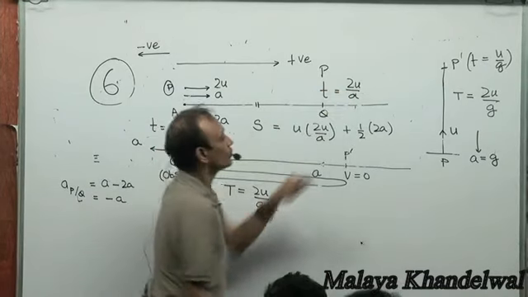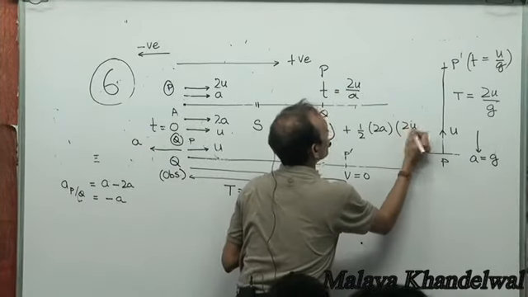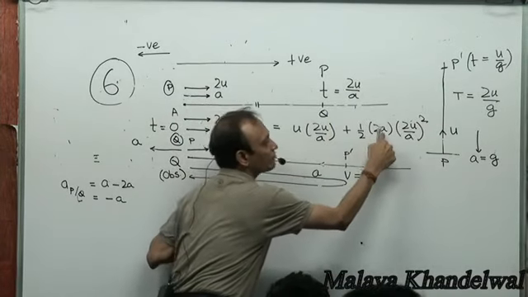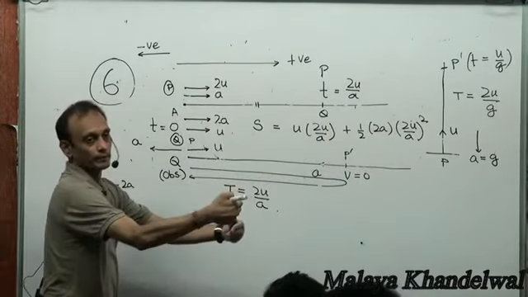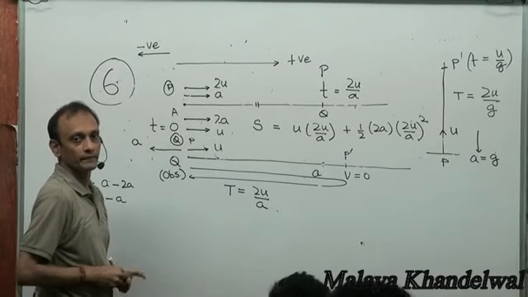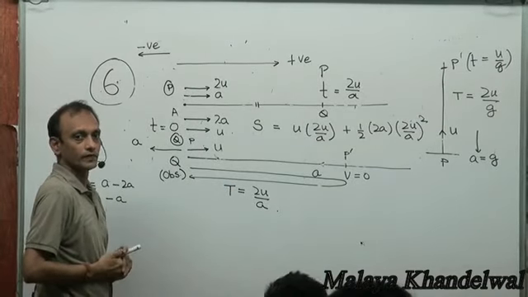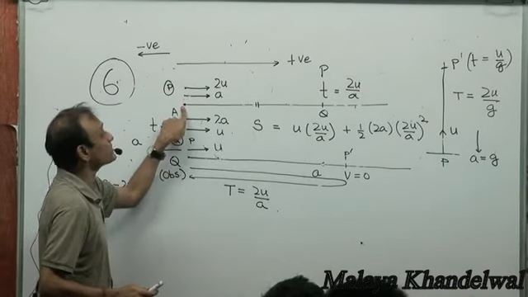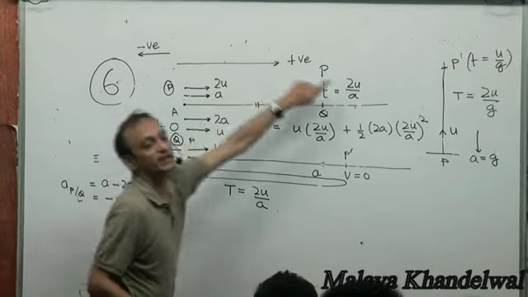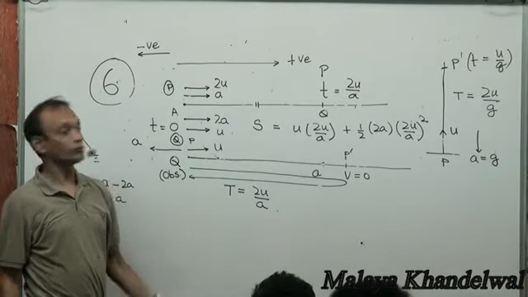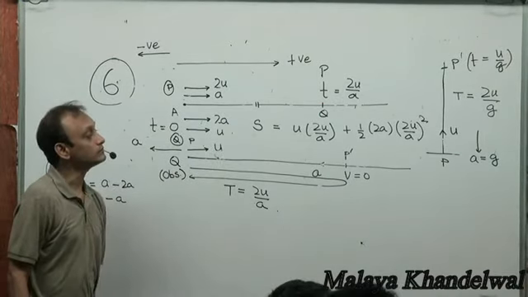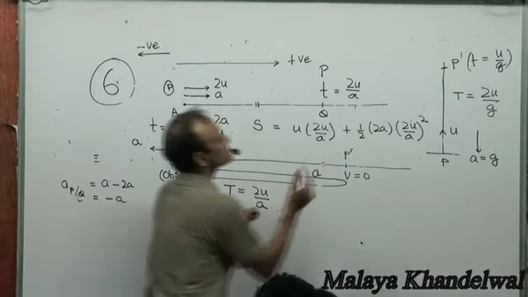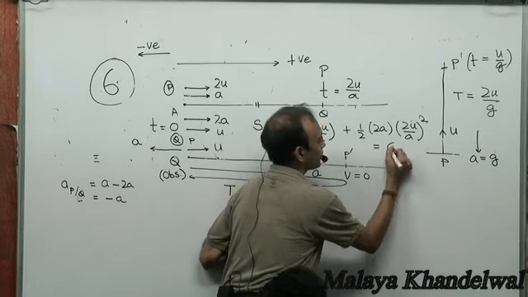Yes or no? ut plus half A t squared. Does it make sense to you? So that's the displacement from A when Q is able to catch up on P, whatever this turns out to be: 4u squared, so 6u squared by A.